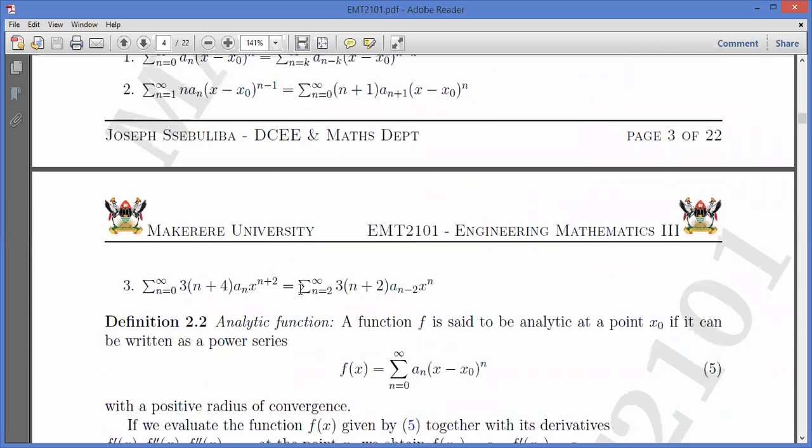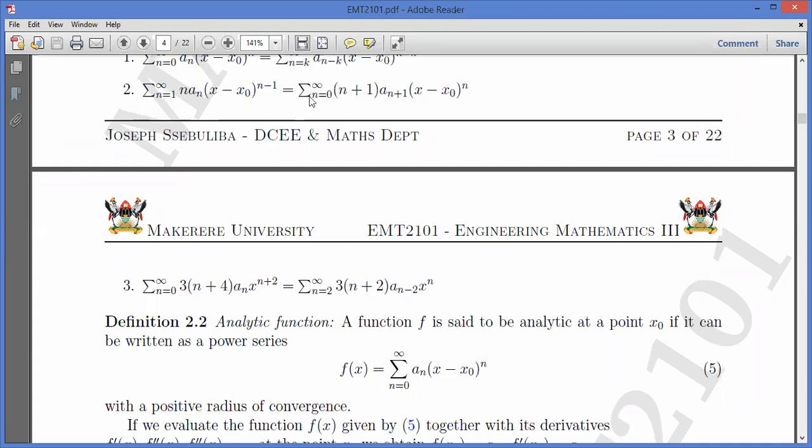The same applies to this one here. If you look at the power, this is again x to the n, running from n equal to 2 to infinity. Then the question is, if you have to solve this, how would you deal with this? Remember, this is x to the n plus 2.